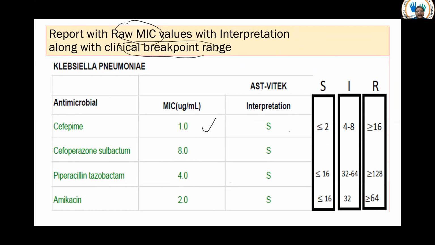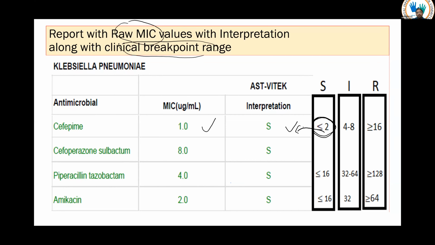We give our interpretation along with the breakpoints, and the clinician may be instructed to use this breakpoint to decide whether it is susceptible or resistant. But it varies completely based on the understanding of the clinician, whether he will properly understand the breakpoints and how the interpretation varied from there. Clinical decision making in this kind of report is again complicated.